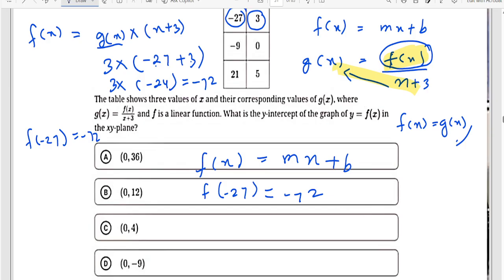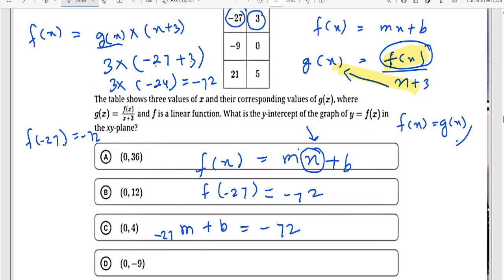Now, if I see over here, my value of x was negative 27 because that's what I took from the table. So in place of x, I can put negative 27. So negative 27m plus b is equal to negative 72, right?